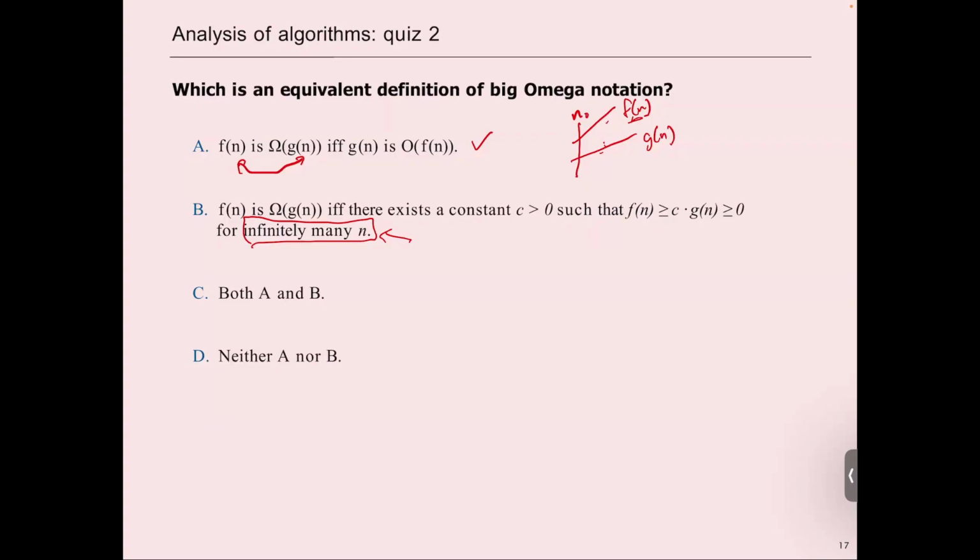And like I said, the reason that B is true is because of a mathematical issue and not necessarily in an algorithmic sense. Because in an algorithmic sense, this would be weird to happen, where you have a function that is all of a sudden really high, and then it gets really low, and then really high, and then really low.